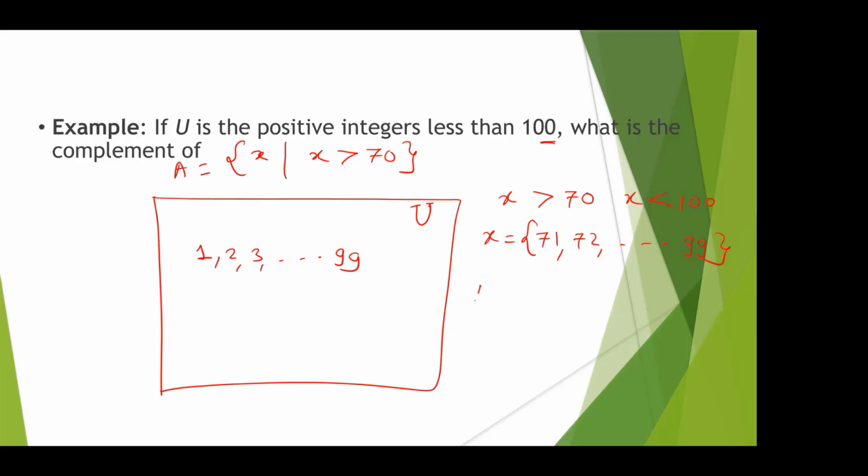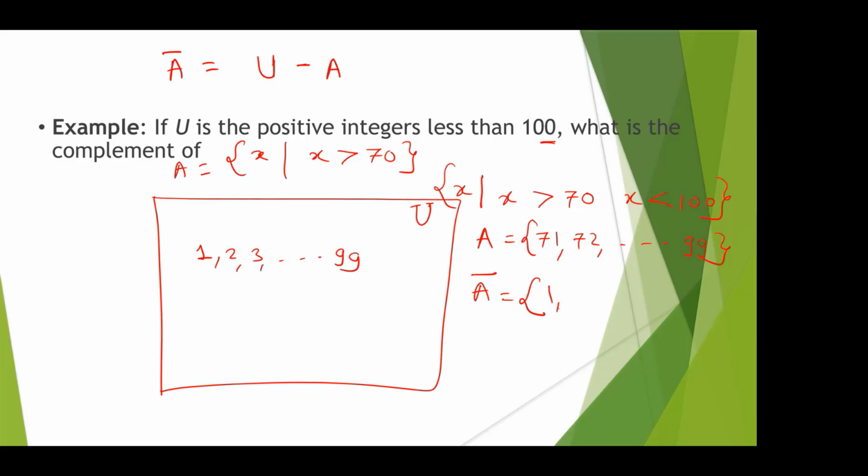Now, if I am asked to find A complement, so this is set A, which has all x's such that x is in this range. So what will be my A complement? All the elements which are in A will not be part of A complement. So in other words, we can also say that A complement is universal set minus A. If you remove all the elements which are there in A from the universal set, then you get A complement.